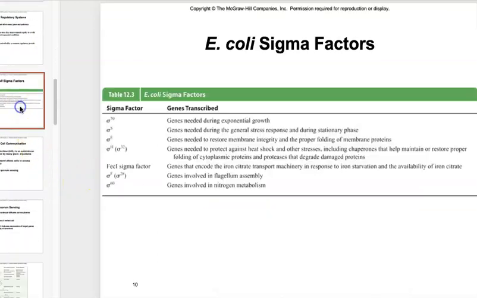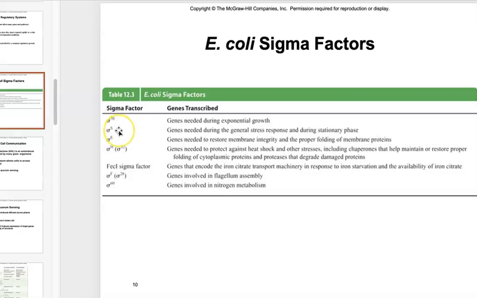Another one is sigma 70 that is essential for activating RNA polymerase and expressing genes in exponential growth phase. Whatever the microbe might need to grow quickly.